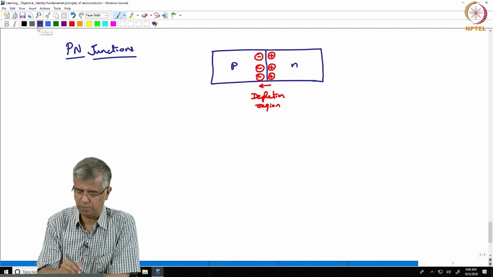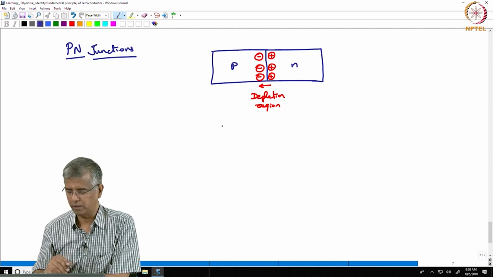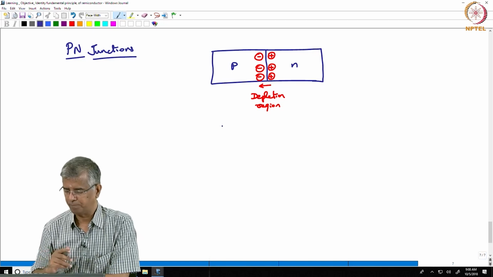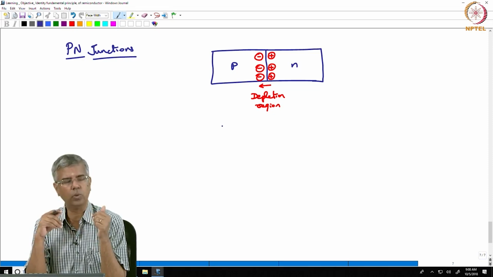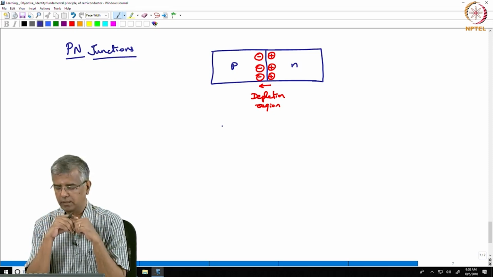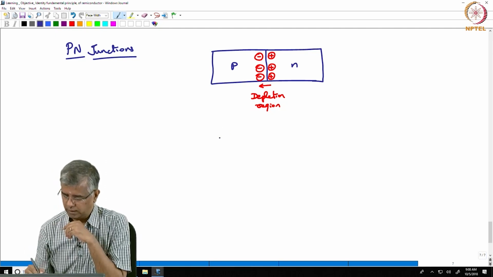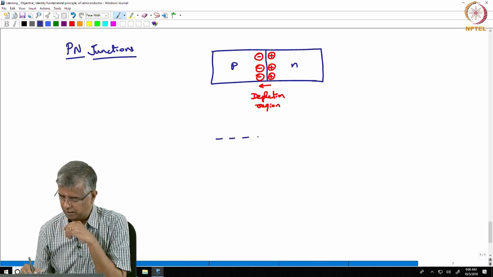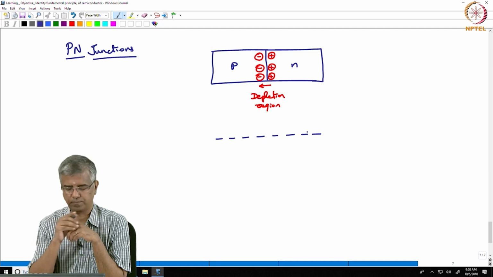So let us look at this in a little more detail. Let us look at it from the perspective of the energy level diagram. One of the things that happens is these charges will move across until two things happen. One is that the Fermi energy on either side is going to become equal. Okay.